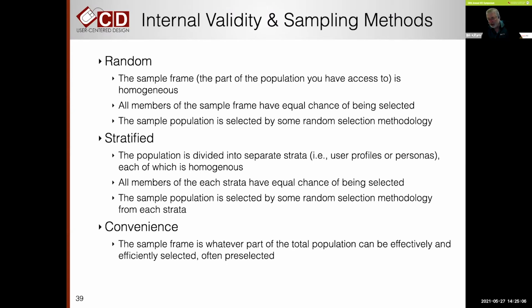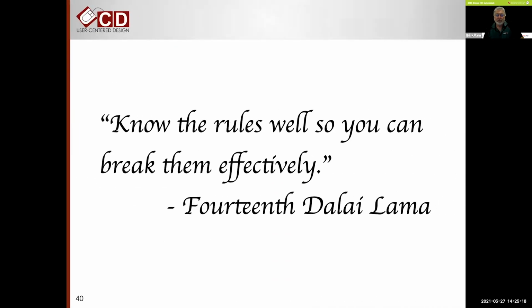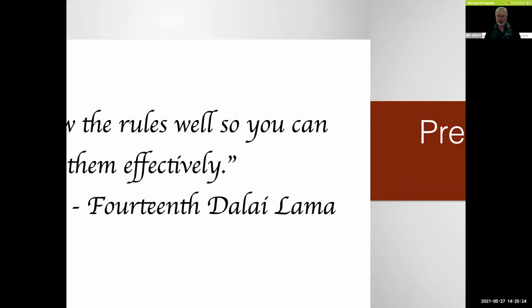That's too convenient. So convenience simply means that we're not doing the rigorous work, but we're not being too trivial about it at the same time. And I mentioned the 14th Dalai Lama's rule, which keeps applying to everything I'm telling you.